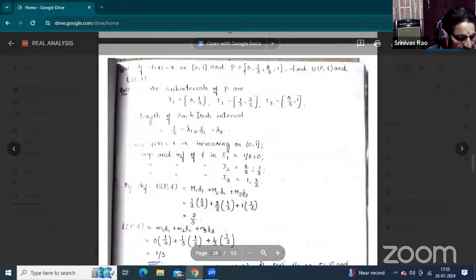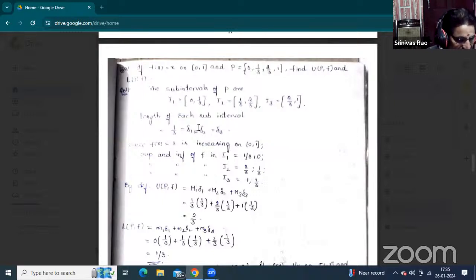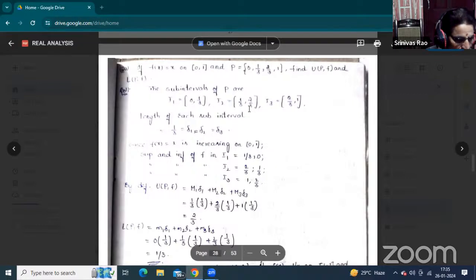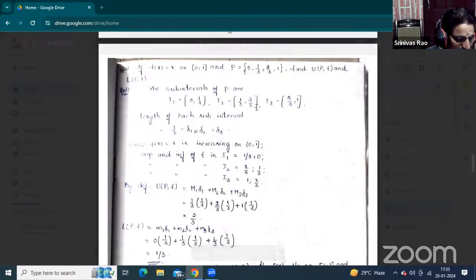Now, every subinterval must have a length. The length of the first subinterval is 1/3 minus 0, that is 1/3.